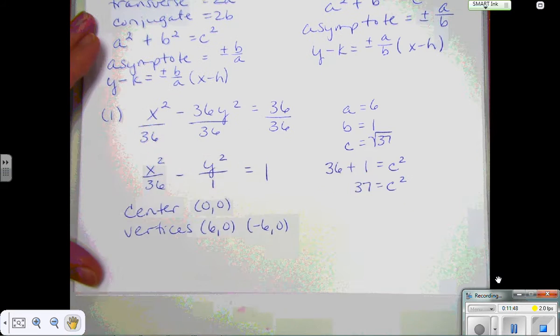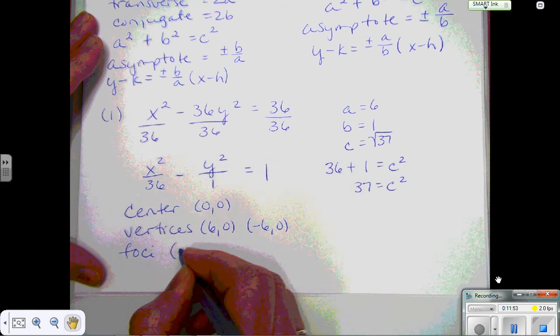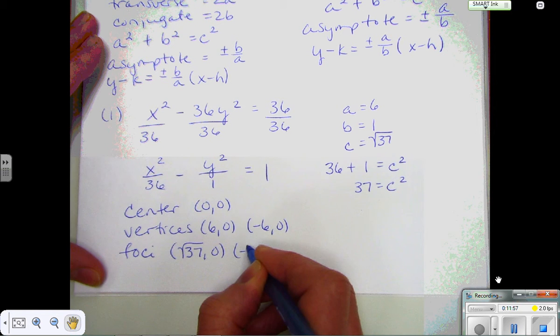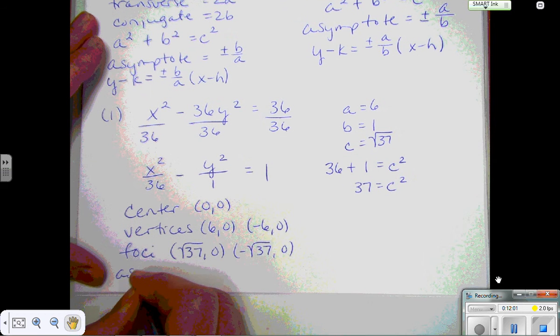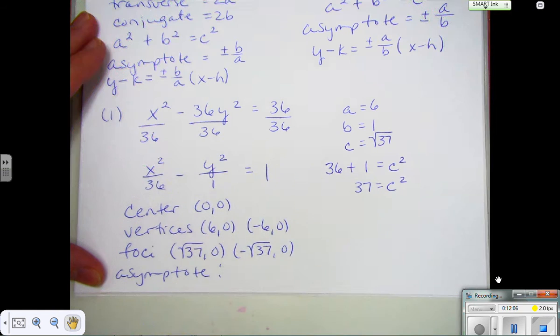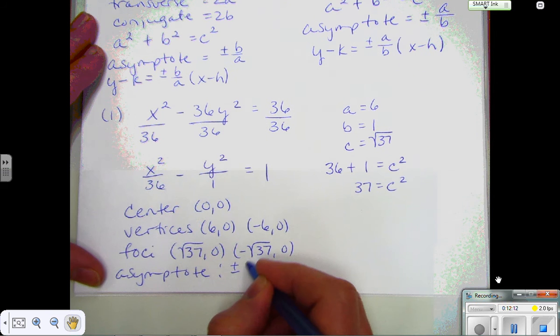And the foci points, the x value is going to change for that as well. You're going to get positive square root of 37, 0 and negative square root of 37, 0. And then your asymptote slope, and we're going to graph this one too, is 1 over 6, plus or minus 1 over 6.